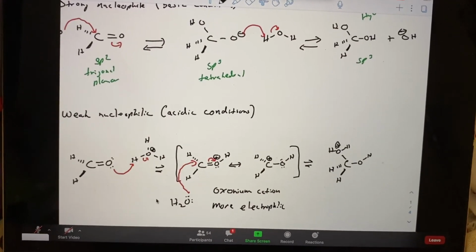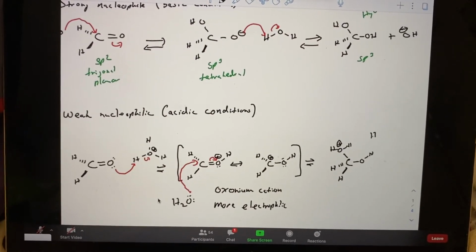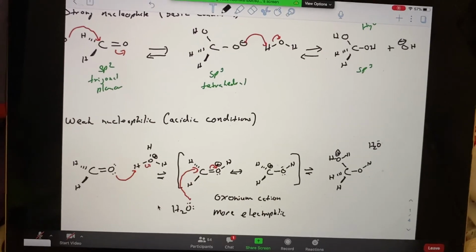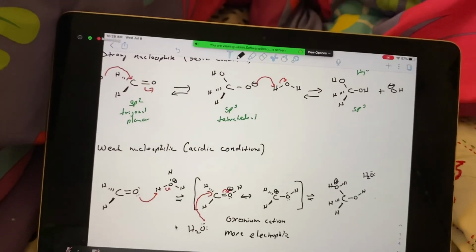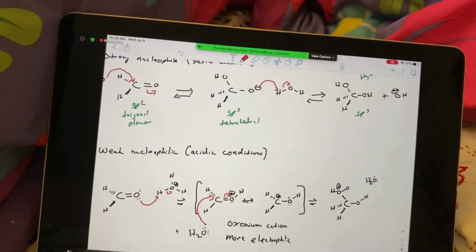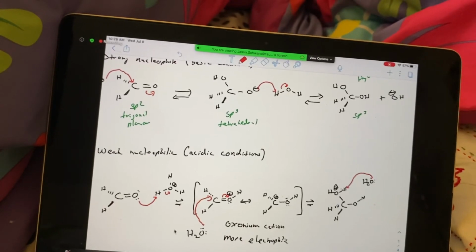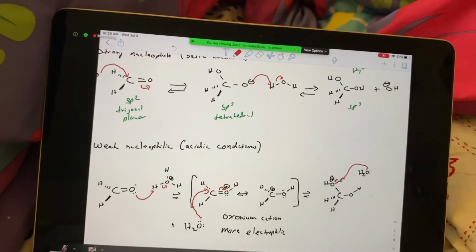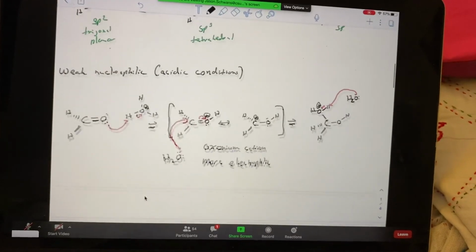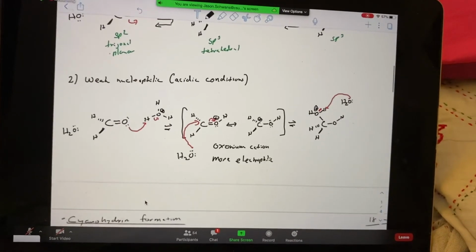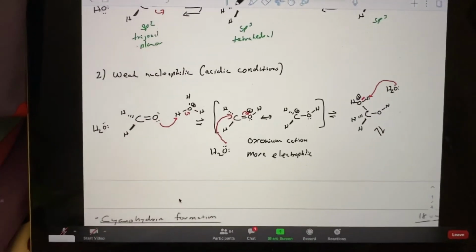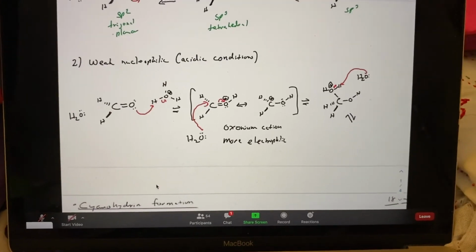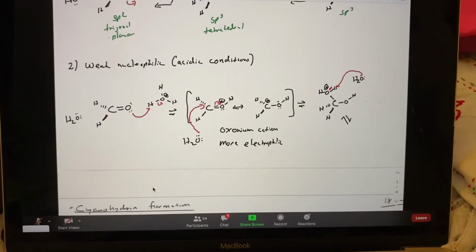And then one more step is we need to deprotonate this. Use another water molecule. Let's take this proton off. It's going to take care of that formal charge. Would have been nice to have this going from left to right, but I don't think I have space. Hopefully on your paper you can just put it over here.